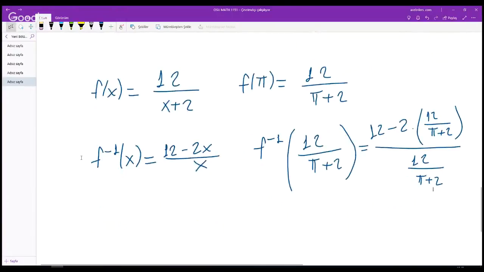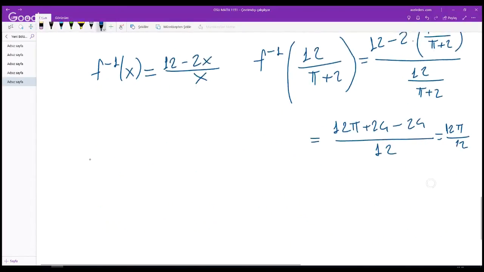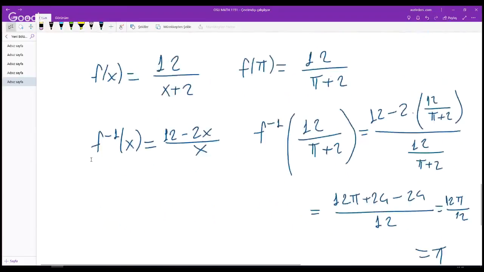I rearrange, and what I find is 12p plus 24 minus 24, over 12, because the p plus 2's cancel out, which is 12p over 12, which is p. Is that surprising?